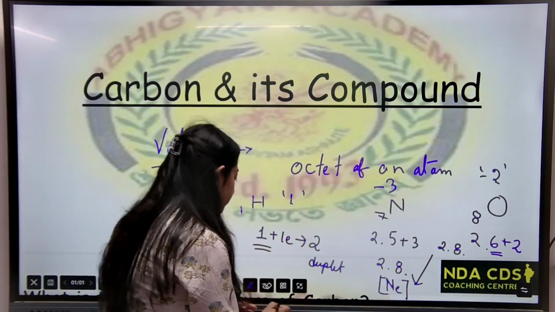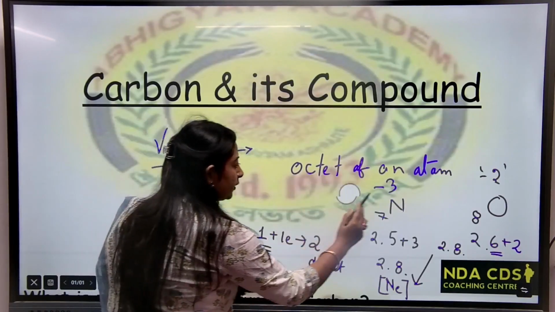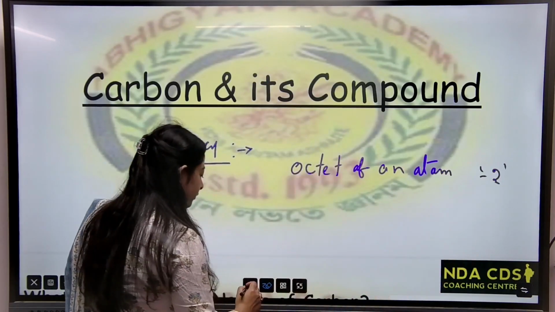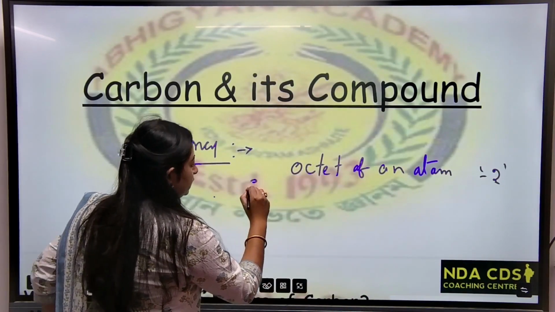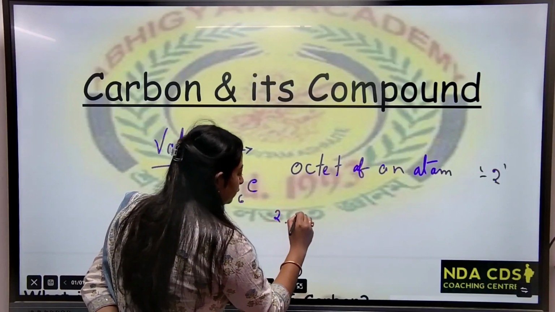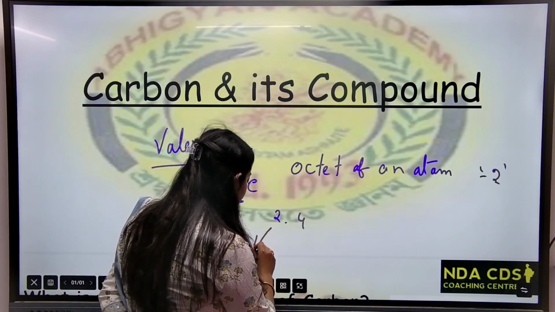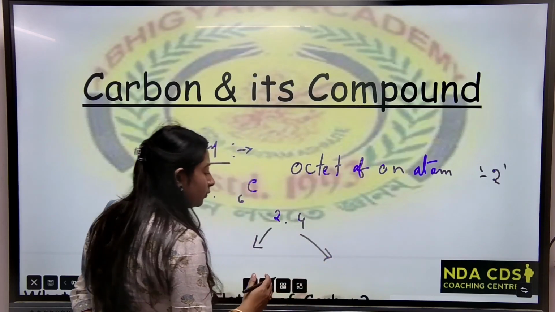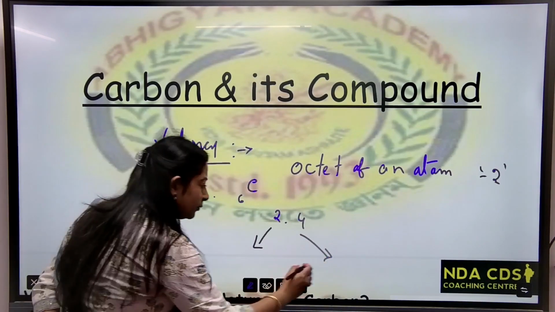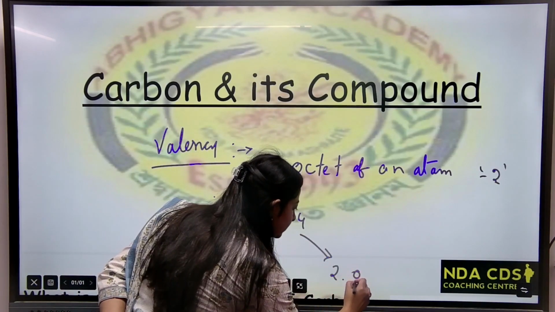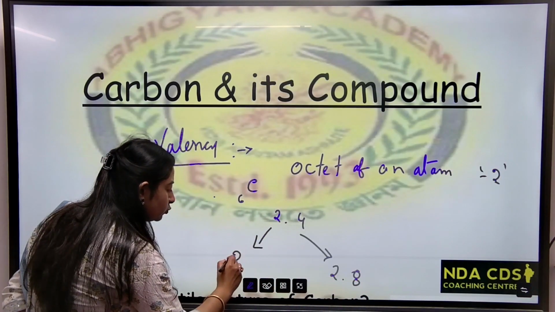Okay. So if we talk about carbon, atomic number 6, configuration 2.4, we can say carbon has two possibilities to acquire a stable state. Carbon can be 2.8 and carbon can be 2 also.